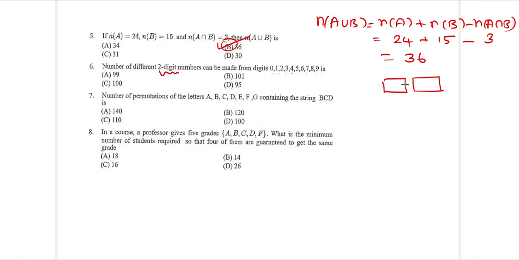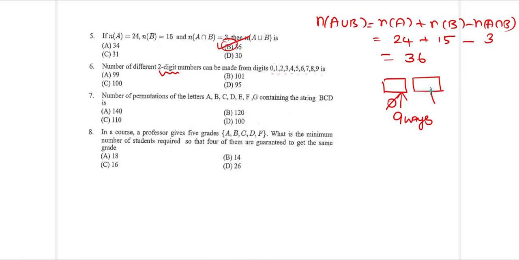This two-digit number can begin with any number apart from 0, because when you fill it with 0, this becomes a one-digit number. So 0 cannot take the first position. Apart from that, this first box can be filled using one of these numbers 1, 2, 3, 4, 5, 6, 7, 8, 9. So there are going to be 9 ways in which I can fill this first box.